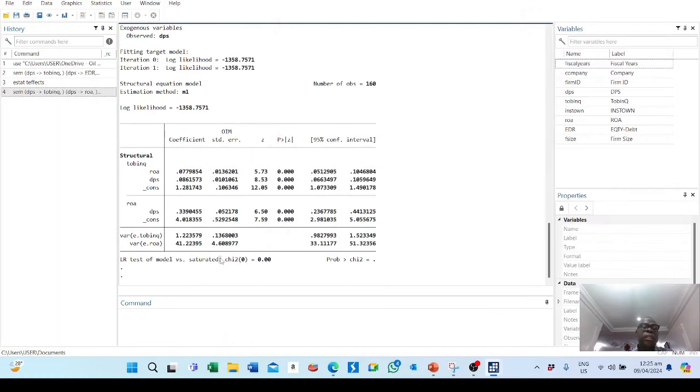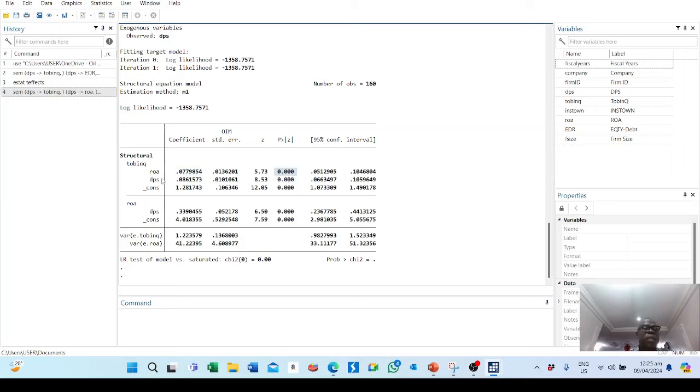So for this second hypothesis, what do we see? Now, the same number of observations for the pathway on Tobin's Q, that's ROA on Tobin's Q, and dividend per share on Tobin's Q, that's the direct part. For ROA on Tobin's Q, it has a positive coefficient and is highly significant at 0.00%.